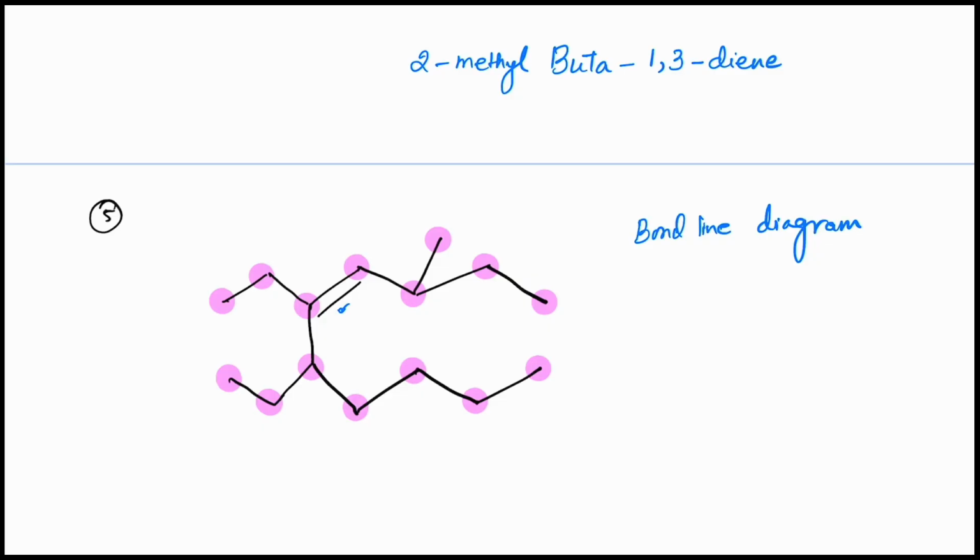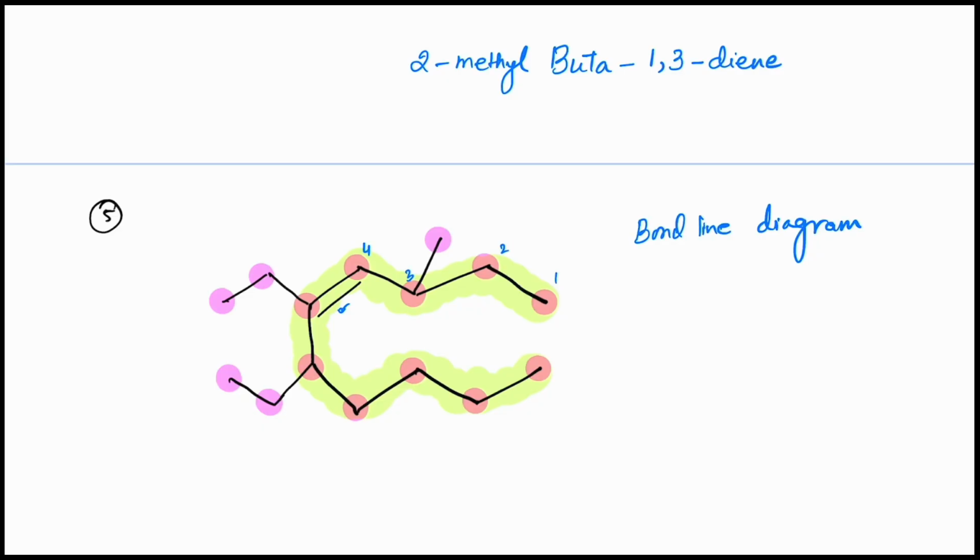The parent chain starts with this carbon and it can go like this. So this parent chain contains the double bond and it also has the most number of carbon atoms. You can count them. If you count from this end, it will be 1, 2, 3, 4.